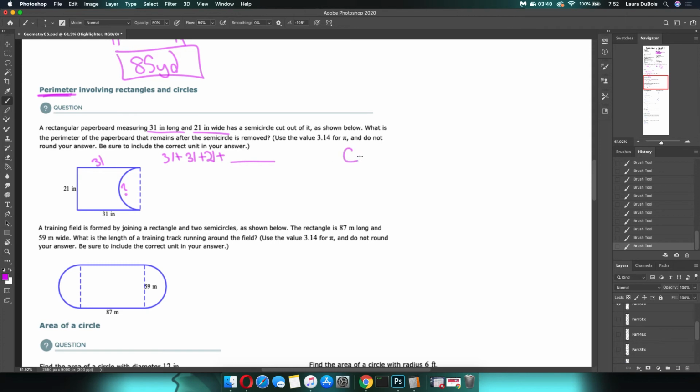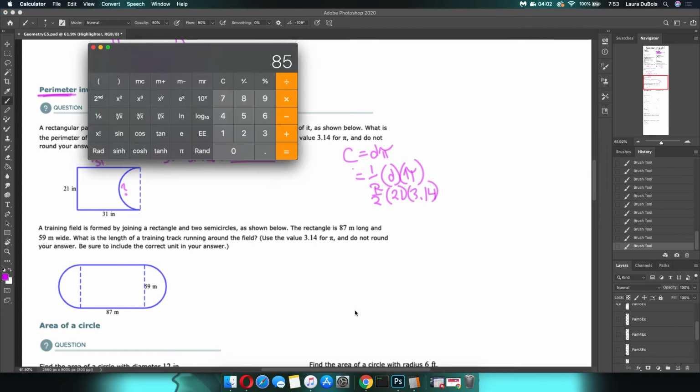If the circumference is diameter times pi, and we don't want the entire circumference, we just want half of it. So we're looking at 1/2 the diameter times pi. That is 1/2 times 21 times 3.14, which equals 48.67.